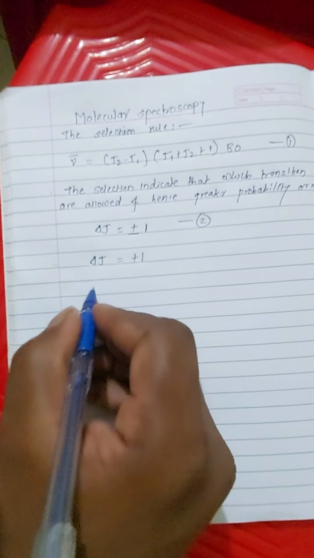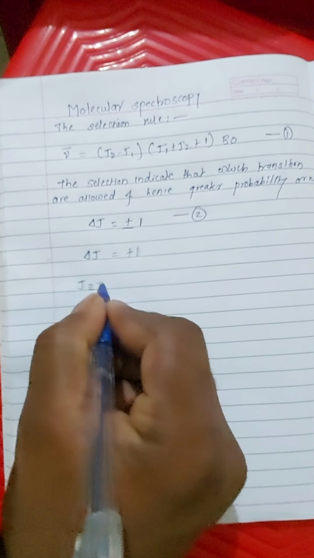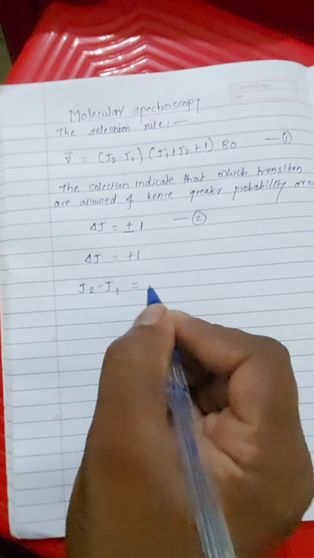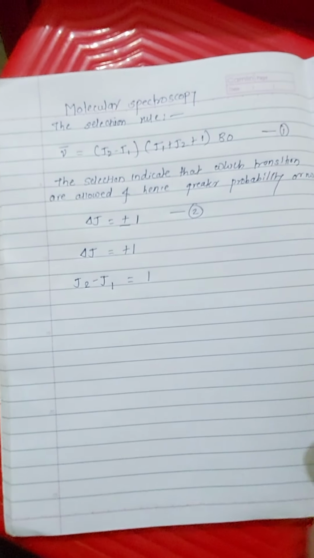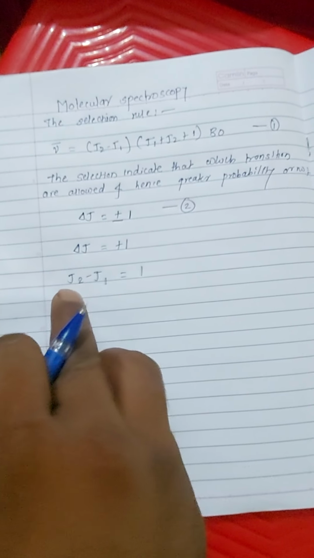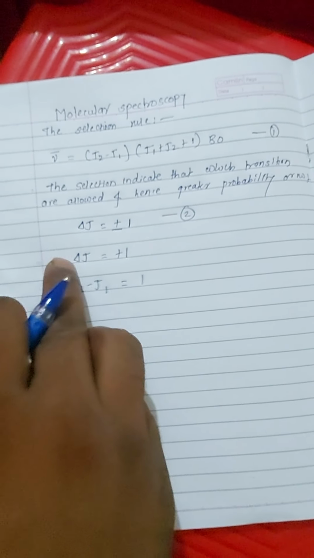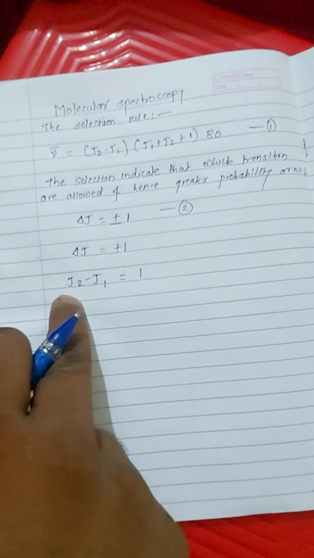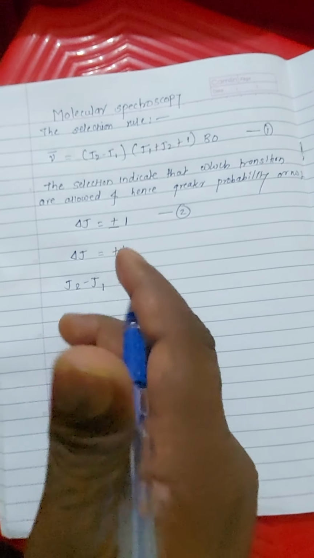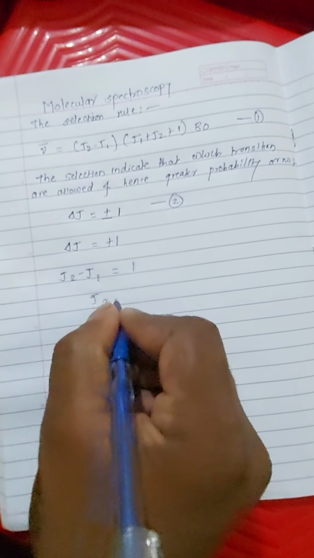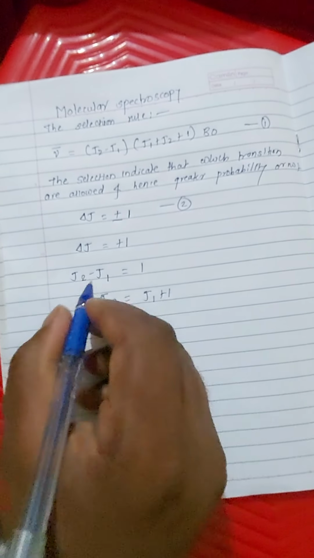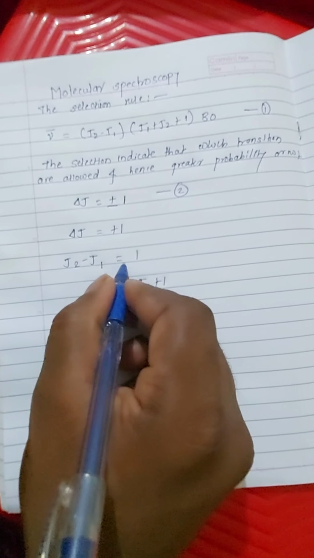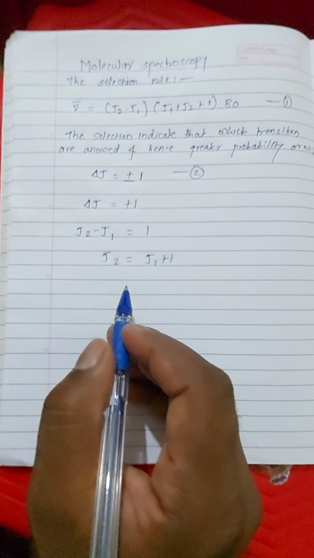Here J2 is final and J1 is initial, so delta J is J2 minus J1 equal to 1, that is, J2 is equal to J1 plus 1, simply shifting J1 to the right hand side.